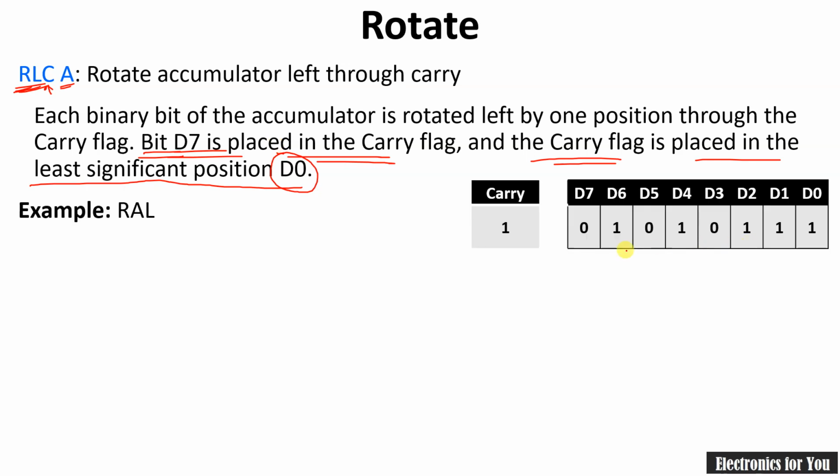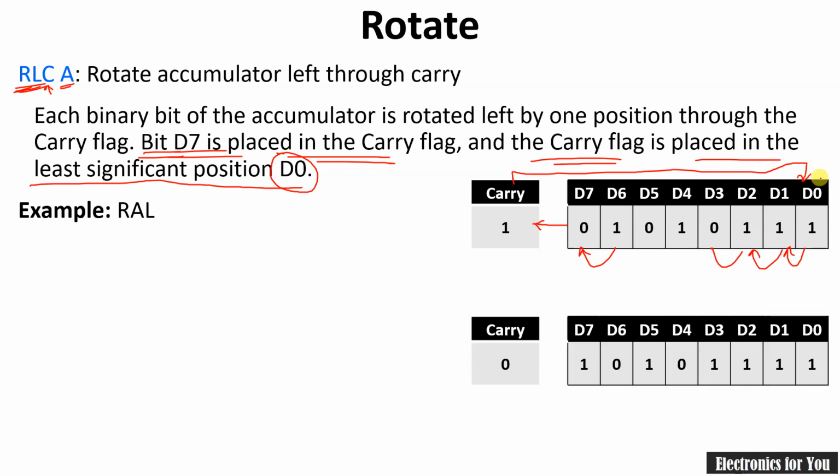Now consider similar data here. The carry flag contains 1, and this is the data in our accumulator register. Each and every bit will be shifted to the left like this. After that, the D7 bit will shift into the carry flag, and the carry flag will move to the D0 bit, and in this way we will get a result like this.